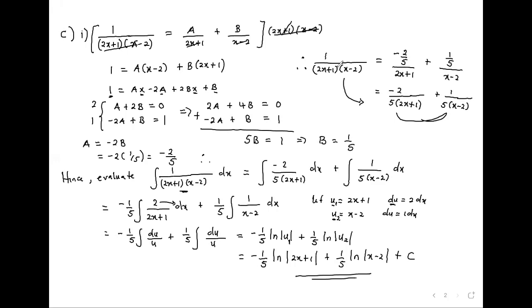Yes, I'm talking about the negative sign on A. So since we got B to be positive 1/5, and then we have the equation A plus 2B equal to 0, if we substitute here, we put 1/5, we're going to have 2/5.